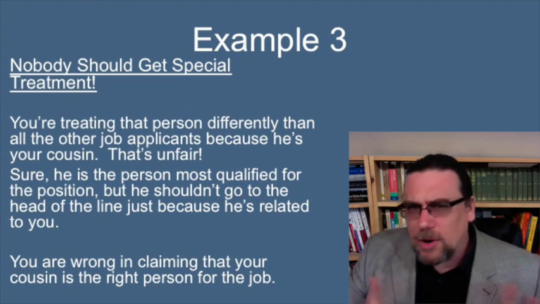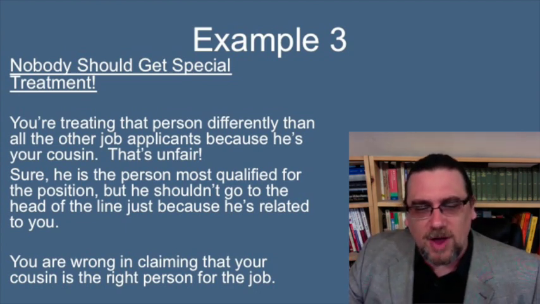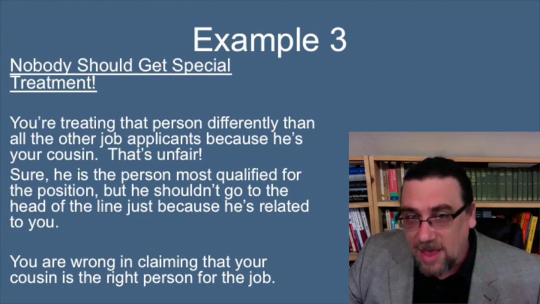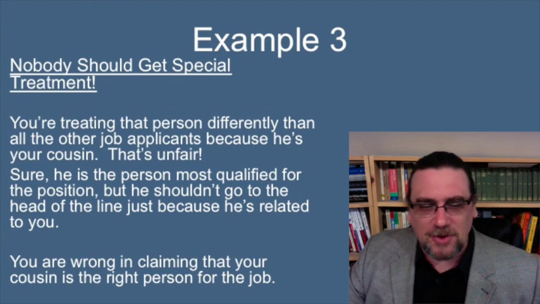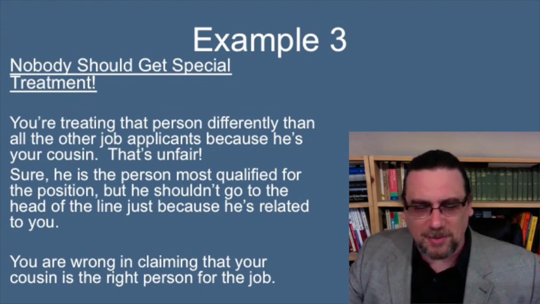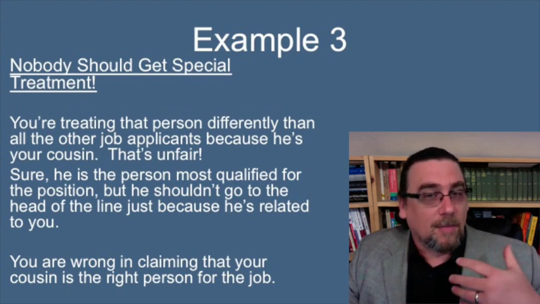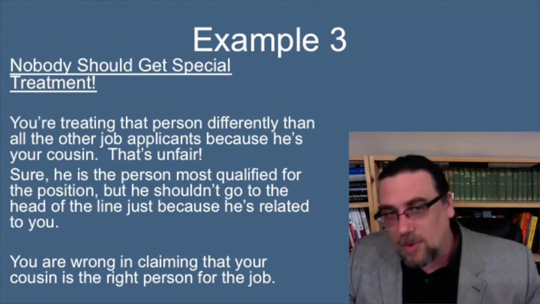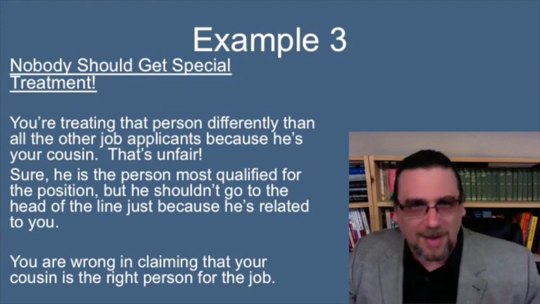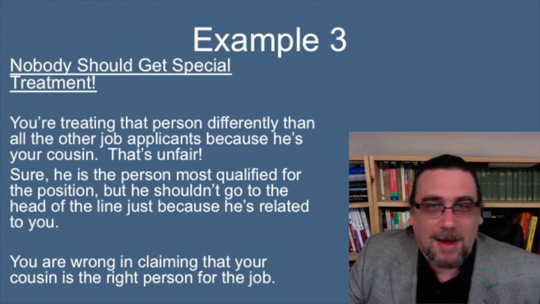Here's another one. Nobody should get special treatment. You're treating that person differently than all the other job applicants because he's your cousin. That's unfair. Sure, he is the person most qualified for the position, but he shouldn't go to the head of the line just because he's related to you. So what's being rejected here is your view that this is the person most qualified or the right person for the job, which is said to be wrong because you're being inconsistent.